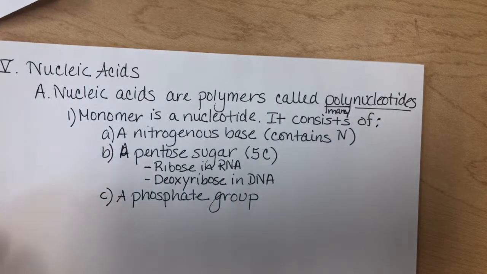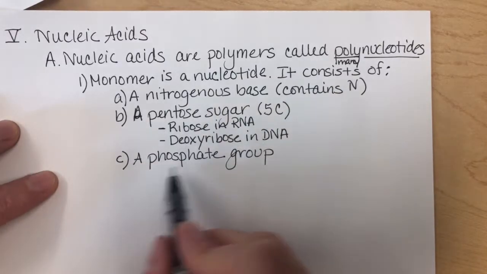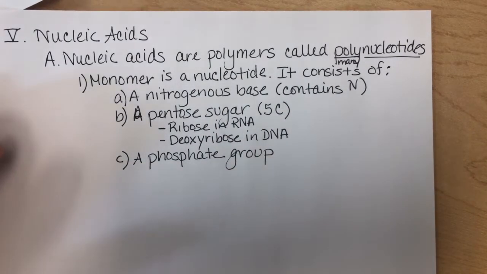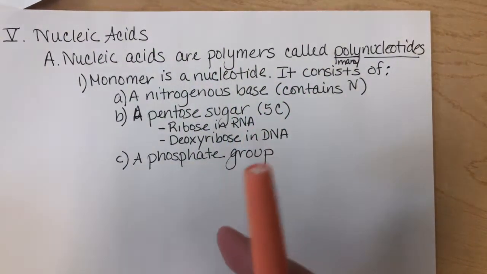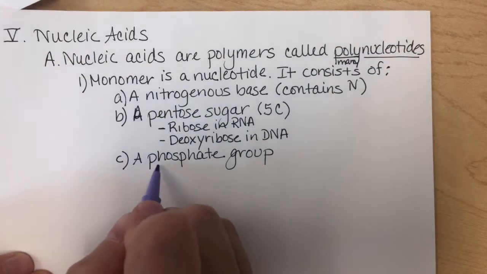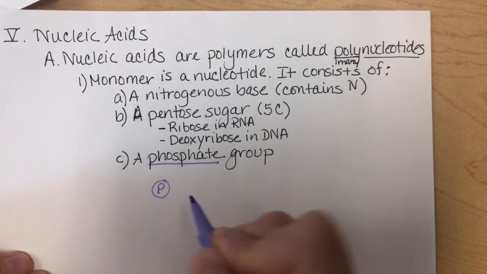So let's draw what this looks like. All right, so you have a phosphate group. Let's do that first. And I'm gonna color code. All right, let's do purple, green, and orange. So let's do purple as the phosphate group. So I'm gonna draw the phosphate group in purple. I'm not gonna draw every single atom.